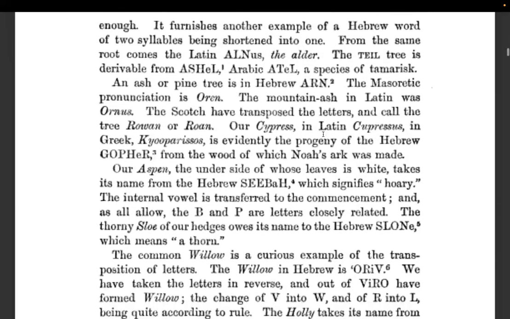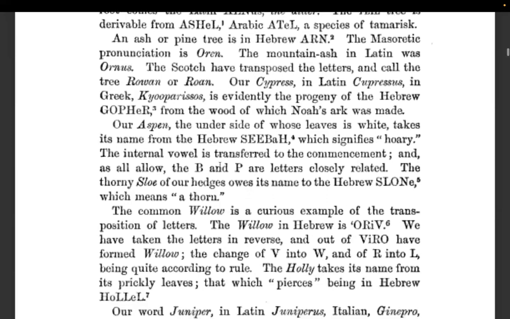But that's where they get the word shebah here. And when you transpose that, when you put the letter for this vowel in front and this letter back here, the B becomes a P. It's aspen, and then you add the N there. So it says the internal vowel is transferred to the commencement, and as all allow, the B and P are letters closely related.